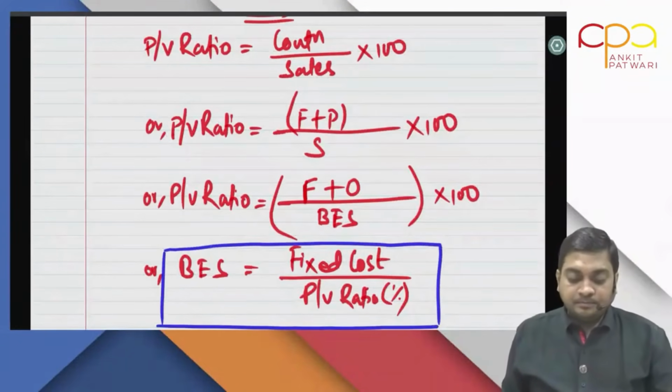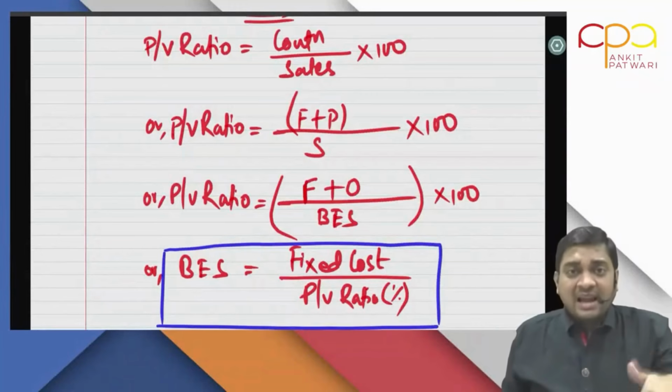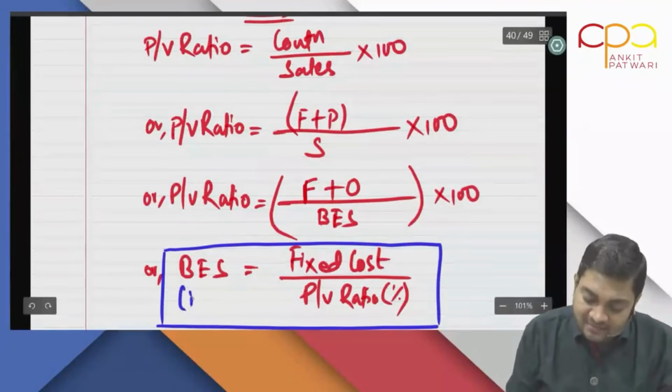So with the help of this PV ratio, I made another formula for break even sale.